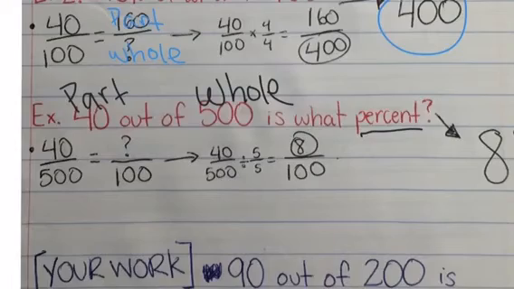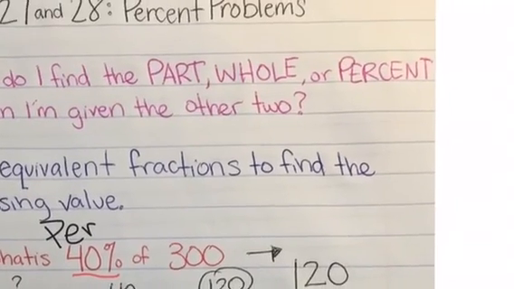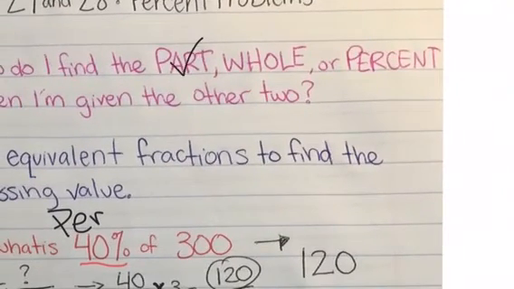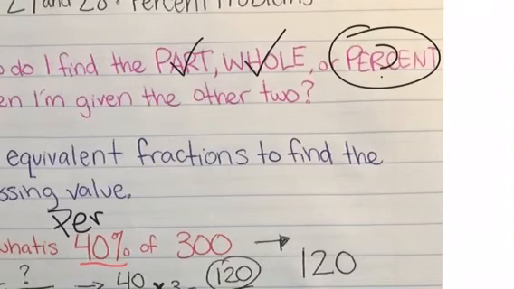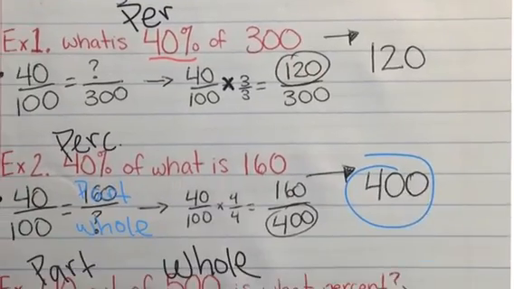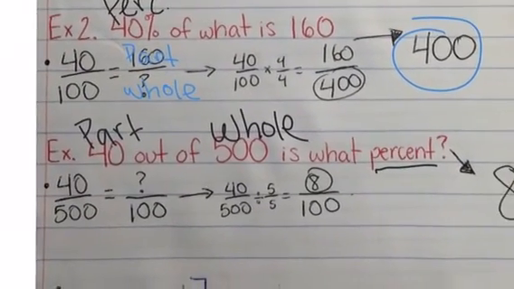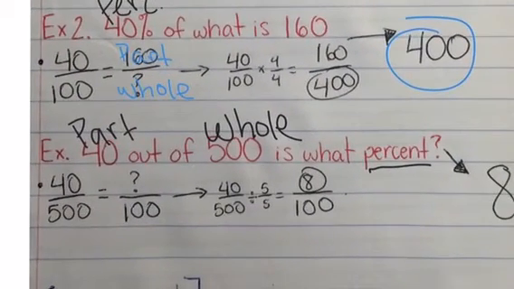So back up here, when we're marking off what we've got, we have the part, we have the whole, and we're looking for the percent. And we do it the exact same way. We set up equivalent fractions. So, since we have the part, which is here, part goes on top, so 40 is on the top.